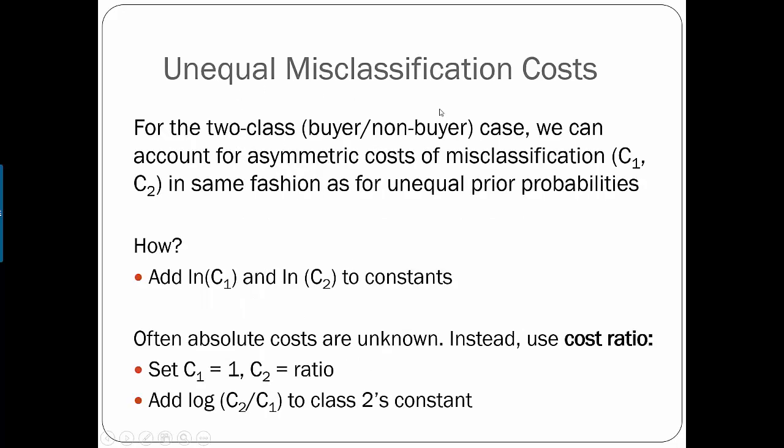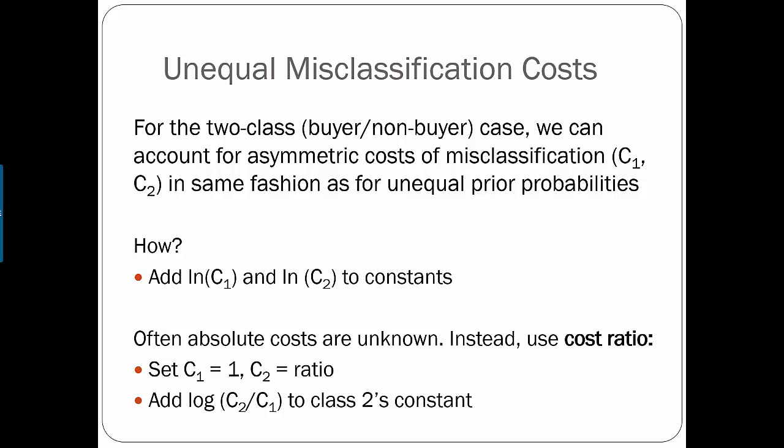So, unequal misclassification cost. In the previous slide we looked at rare cases, but what if the cost of classifications is different? We discussed this in detail in chapter 4 or 5.